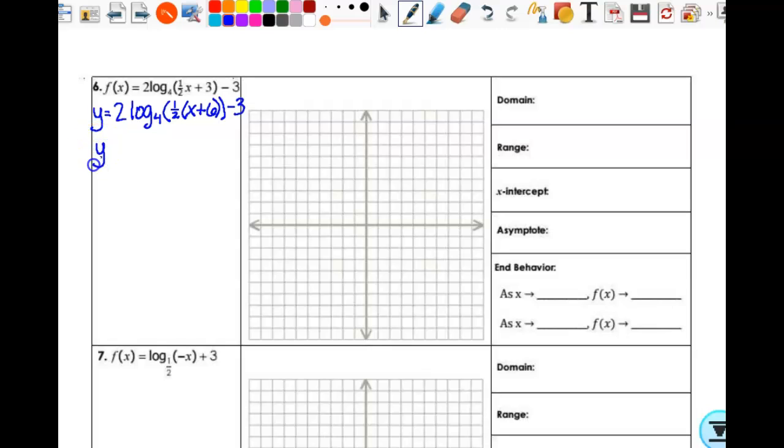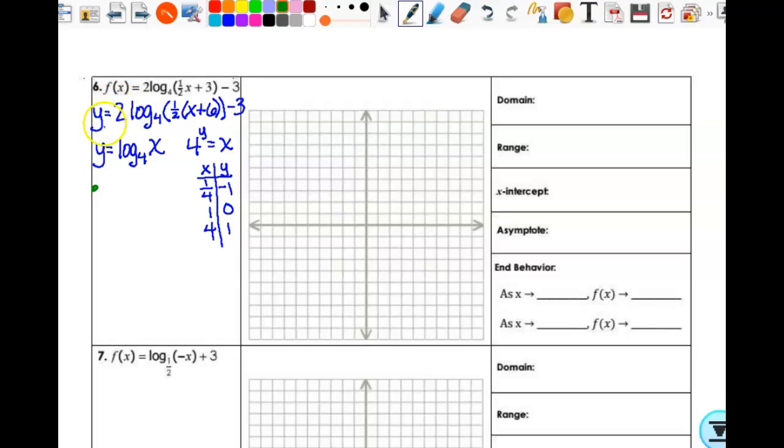Now I find my parent function, y equals log base 4 of x. Then I rewrite it in exponential form, 4 to the y power equals x. Get my anchor points. Y, I substitute in negative 1, 0, and 1. That'll give me 1/4, 1, and 4. Then I am going to talk about my transformations.